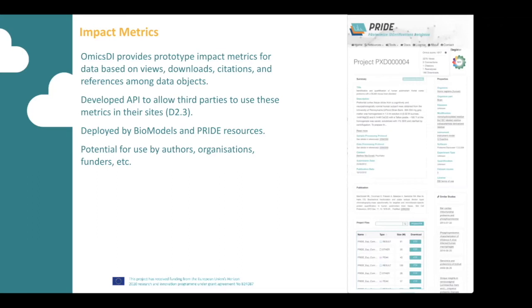And so now in two demonstrator projects, the PRIDE database and the BioModels database both provide these OmicsDI impact rosettes in their entries. The data is integrated via the API and allows to give this, let's say, notional idea of the impact of the data set in these third-party resources.